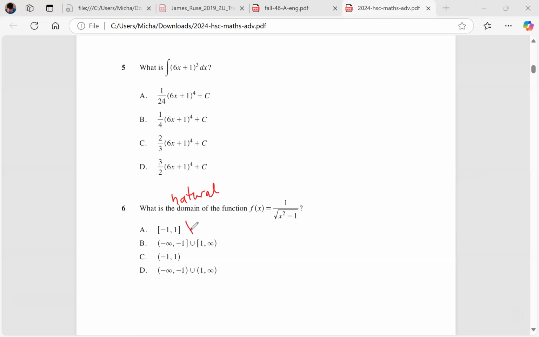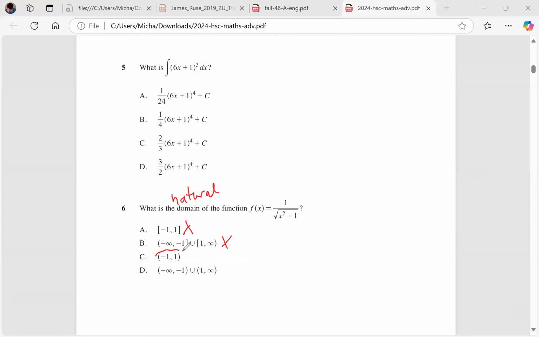So obviously this is wrong because it's got 1 and negative 1, which make it divide by 0. For the same reason, this is wrong. Okay. And now the question is whether it's bigger or smaller.